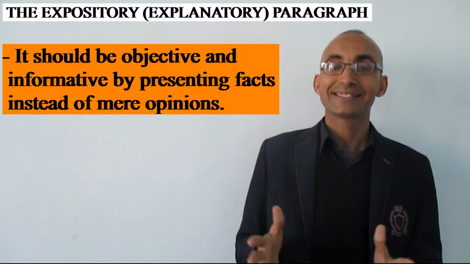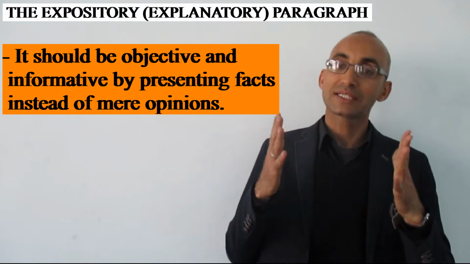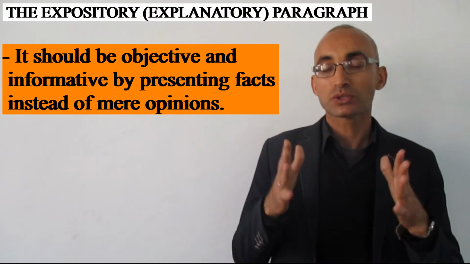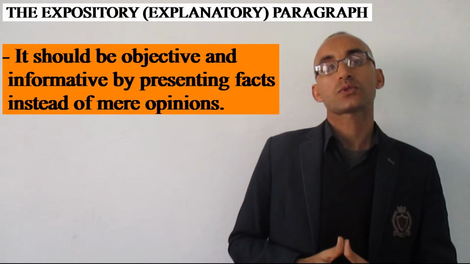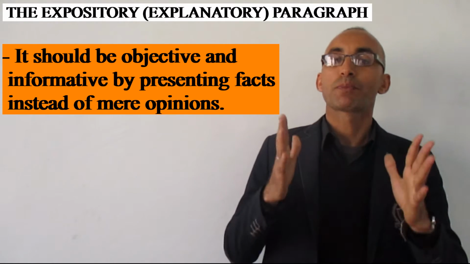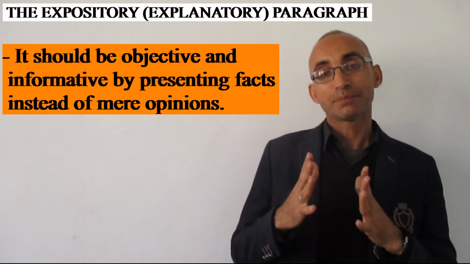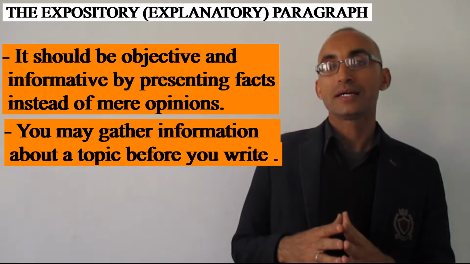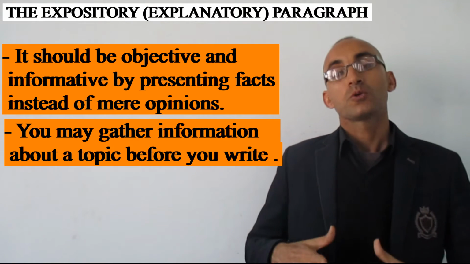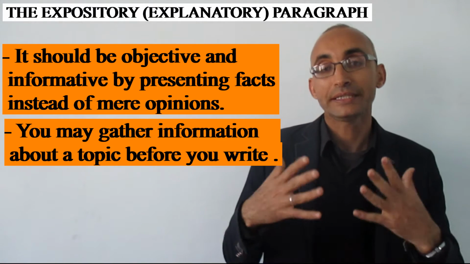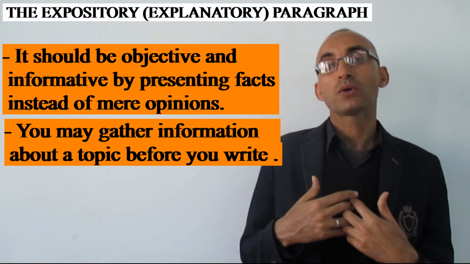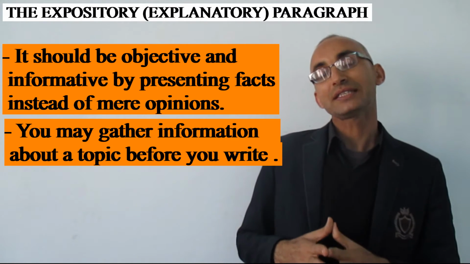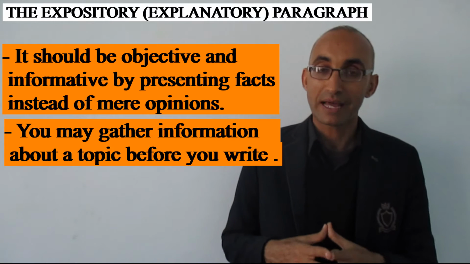So, always in academic writing, we write objectively, and in particular in this type of paragraph, expository, we are required to be as objective as possible, and if need be, we should gather information, gather facts about this topic before we write about it, because here we are supposed to explain the different details of this topic or phenomenon, right?